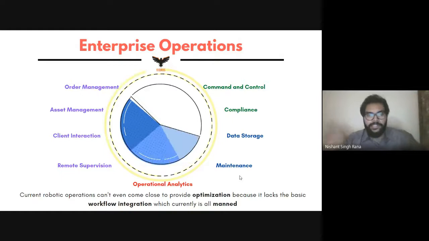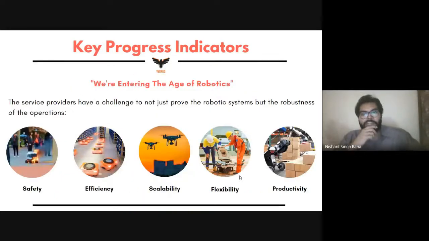And that creates a problematic thing, because the key progress indicator for any technology, any stack, any newer thing, any innovation, basically lies on 4 or 5 different things, right? It's about safety, how safe the system is, how efficient your newer thing can make what was previously already done, how scalable that is.